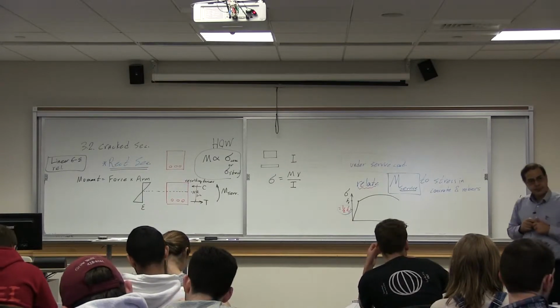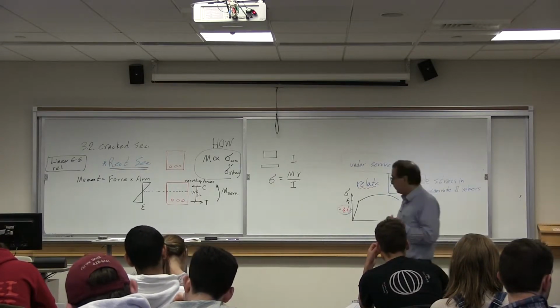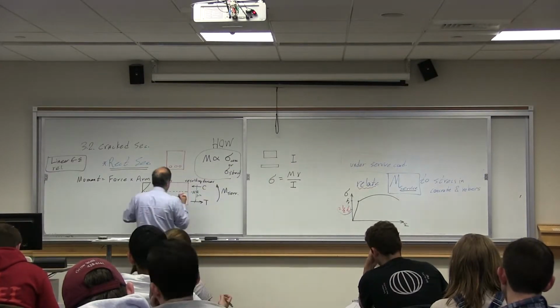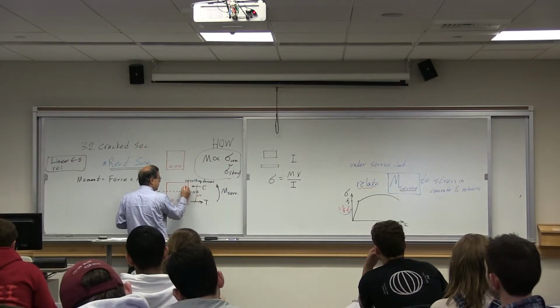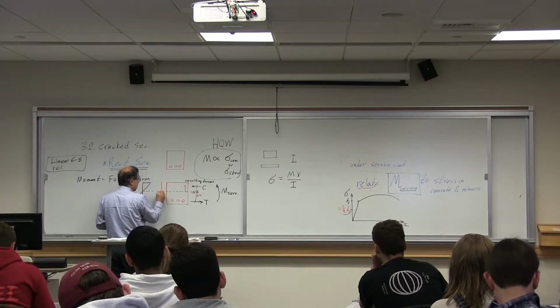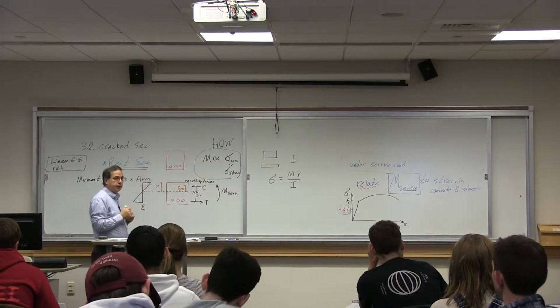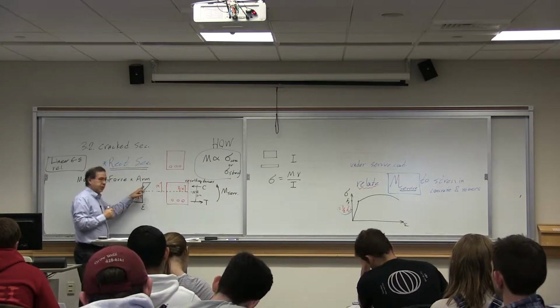It's at 2/3 of the length above the neutral axis. If this is x, yeah, 2/3. And why is that? Because it's at the centroid of the distributed stress.